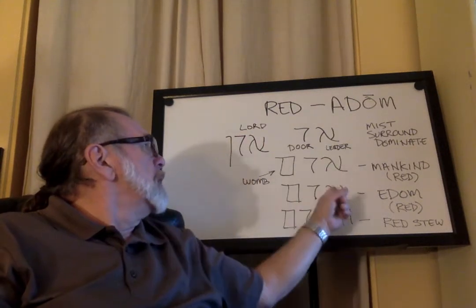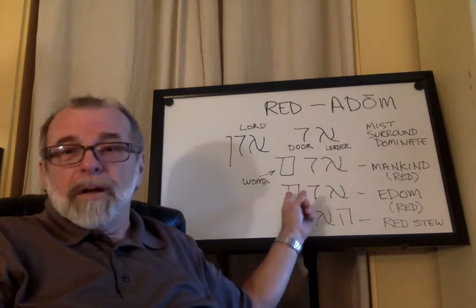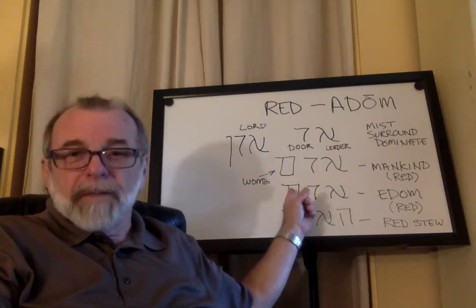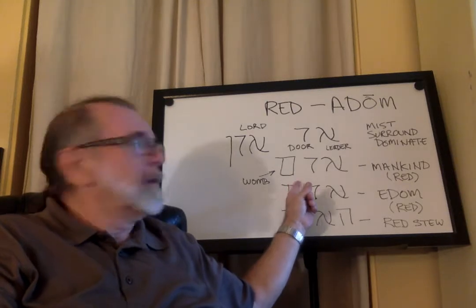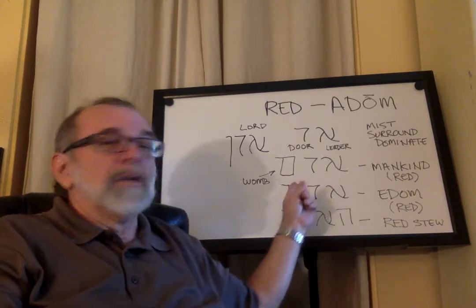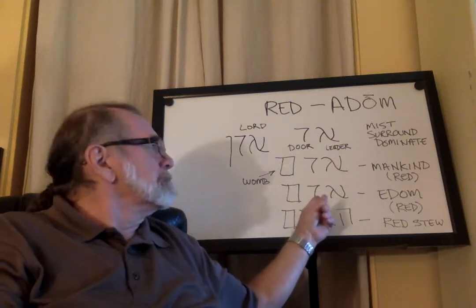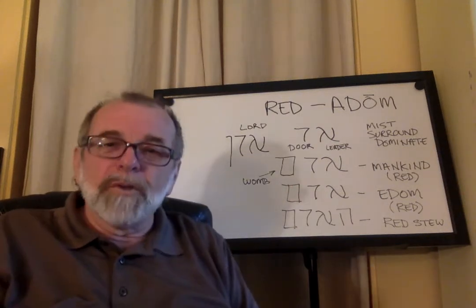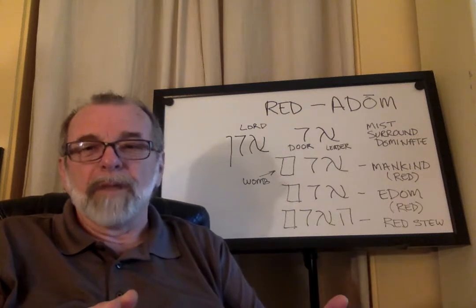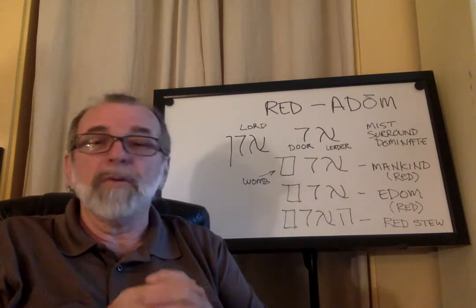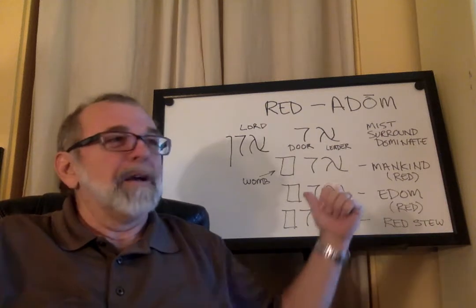And so now we go down here to Edom, another name of Esau. And Esau was red and hairy, and so he was called red. And Edom was his kingdom. And it's interesting that he was the dominator. If you remember, Jacob and Esau wrestled in the womb, and who came out first? Esau did, Edom.